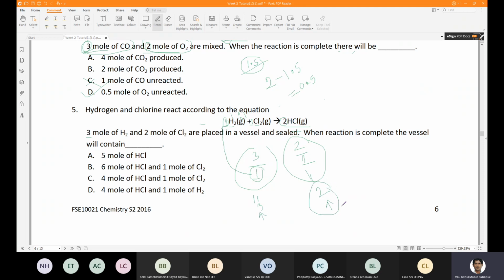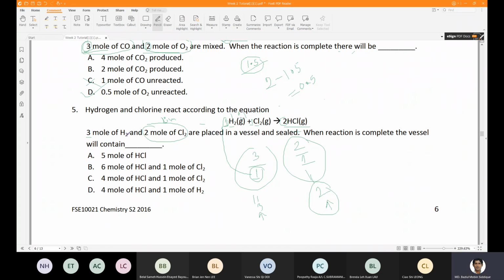And 2 is for chlorine, because 2 moles of chlorine are given. So since 2 is smaller than 3, chlorine must be the limiting reactant. All right.